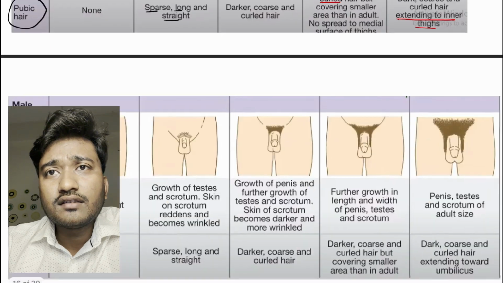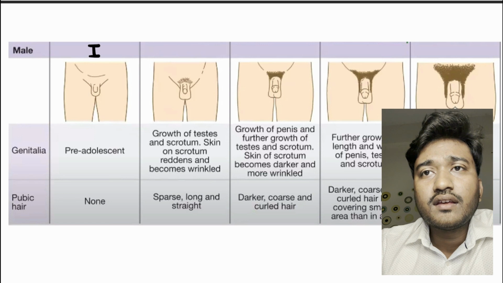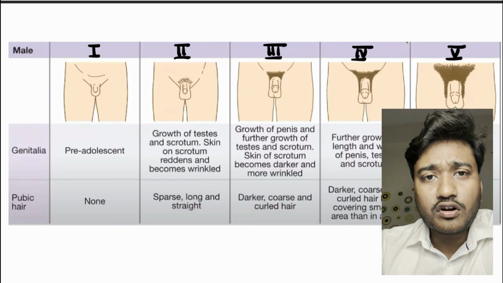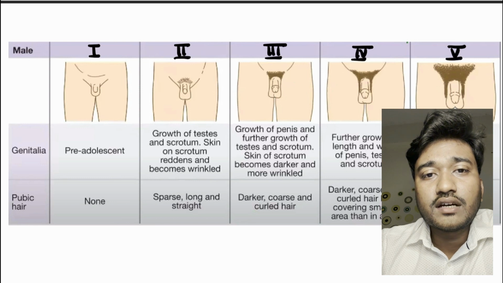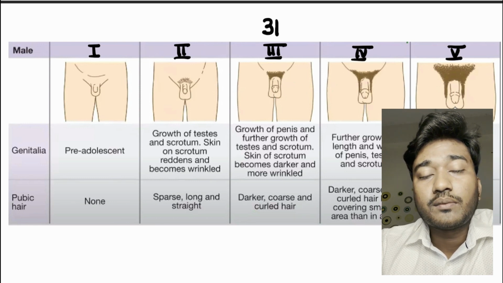In case of male, there are stages 1, 2, 3, 4 and 5, the same. But here we have another formula, which is 3P, that is in the third stage there is penile enlargement. In stage 1 and stage 2, not much penile growth, but from stage 2 there is darkening and wrinkling of the skin of the scrotum. In stage 3, remember 3P.